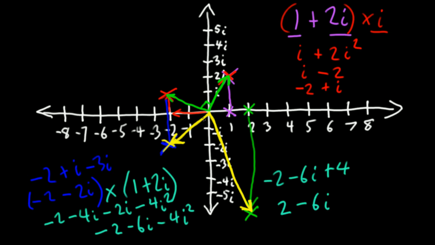And the amount we rotated it was a little bit less than a quarter turn. Well, guess what? We multiplied by this number that is a little bit less than a quarter turn from the real axis. And that's where we normally measure angles from, is from the real axis. So what we did was we took one number and rotated it by the angle of the other number.